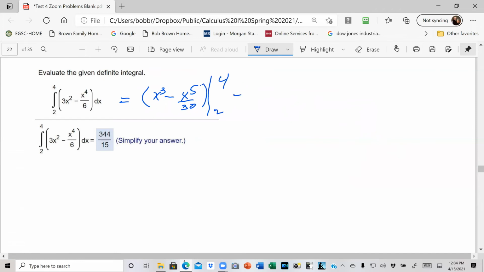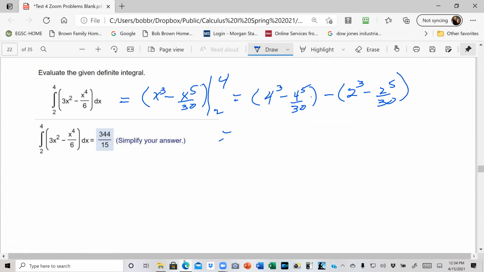So plugging in 4, we get 4 cubed minus 4 to the 5th over 30, minus, plugging in 2, 2 cubed minus 2 to the 5th over 30.